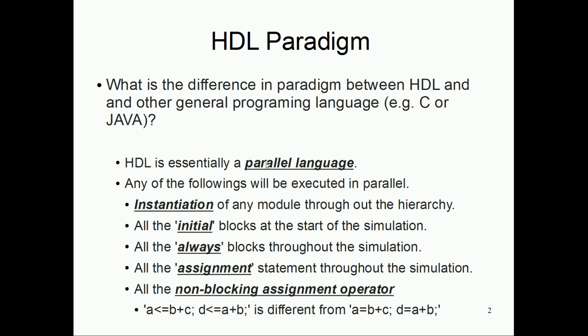The following parts are always executed in parallel, though they can be written in sequence if you look at the Verilog code. All the instantiations of any module get executed in parallel, and all the initial blocks you write, there can be multiple initial blocks defined within one module, will be executed in parallel.